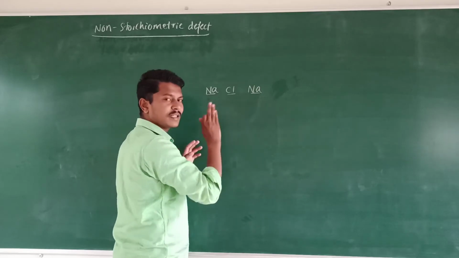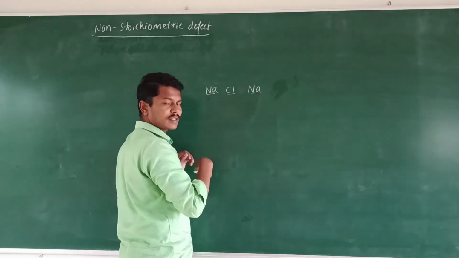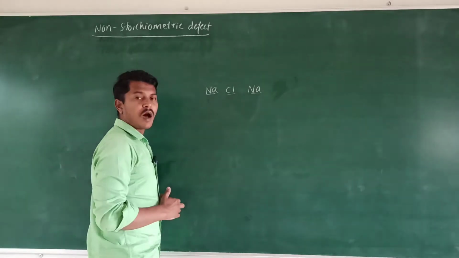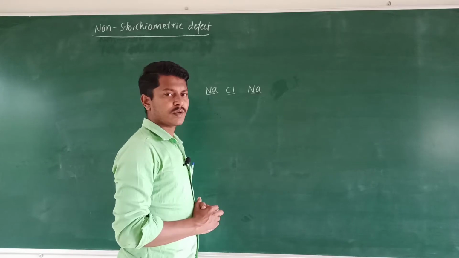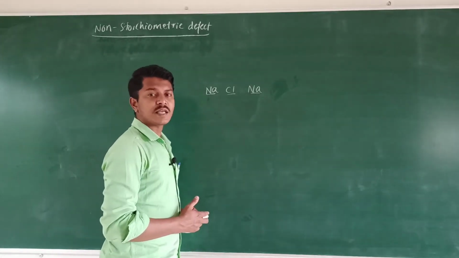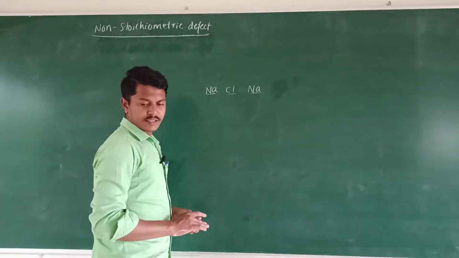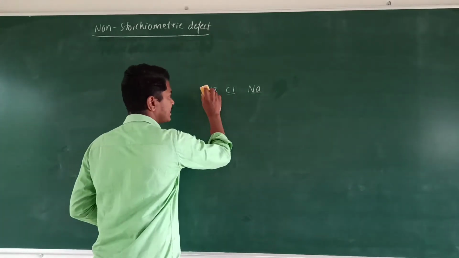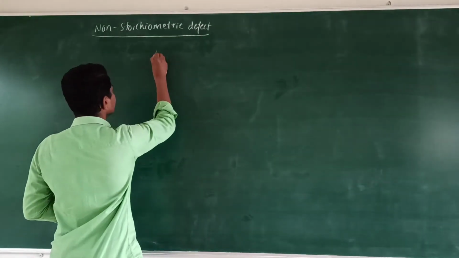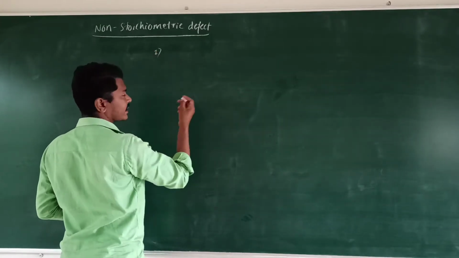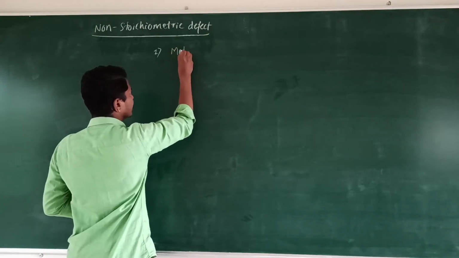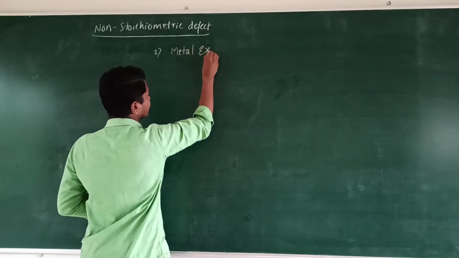Excess of cations and less of anions, or excess of anions and less of cations, are observed in the non-stoichiometric defect. There are two types on the basis of the cations: metal excess defect and metal deficiency defect.